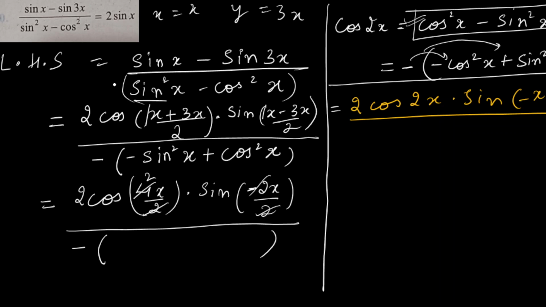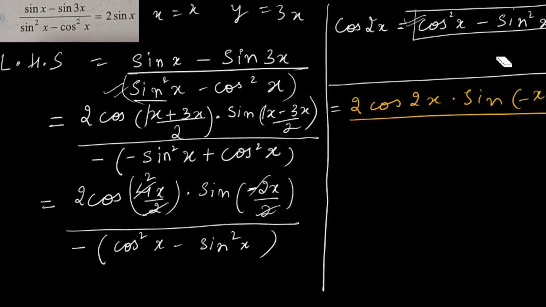Okay, so minus I have taken common. If you open the bracket again, you will get the same thing. Now this I can write as cos square x minus sine square x. I'm not taking anything common from the formula, I'm just taking it from the given expression.